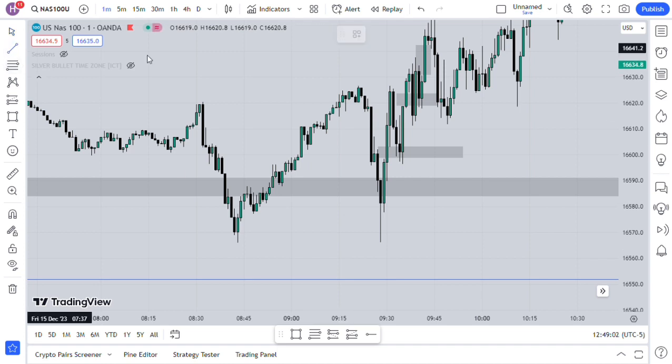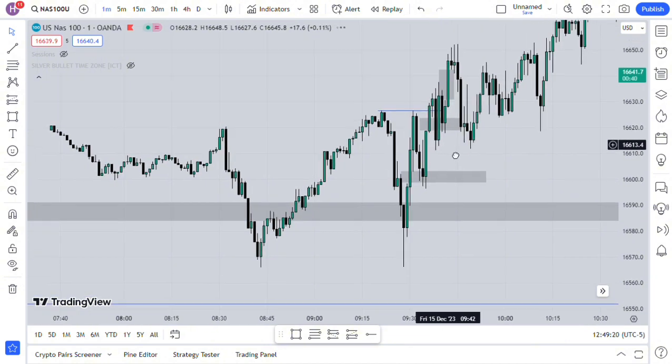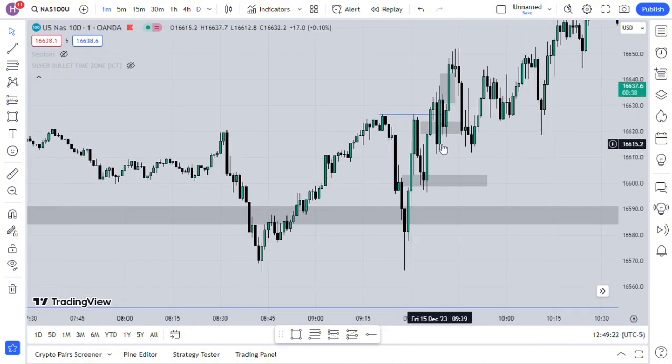So here is a very nice market structure shift, and a nice market structure shift is usually accompanied by a nice fair value gap, which we can use to enter a trade. As you can see here, the market retraced to this fair value gap highlighted here.